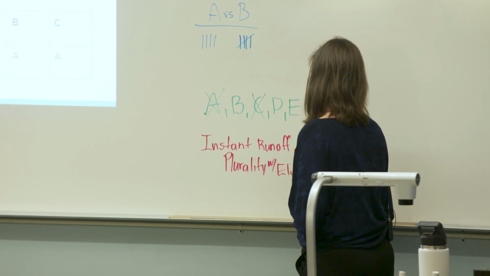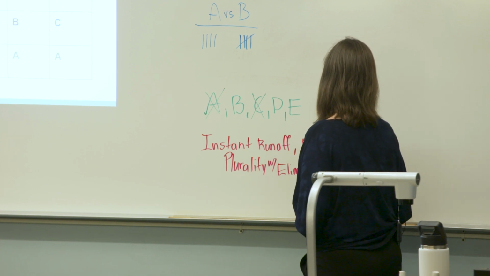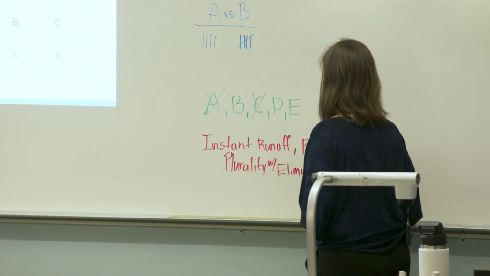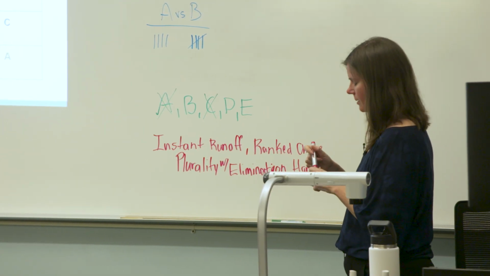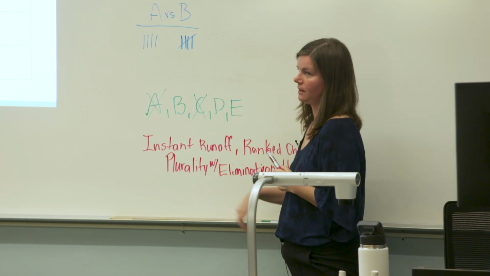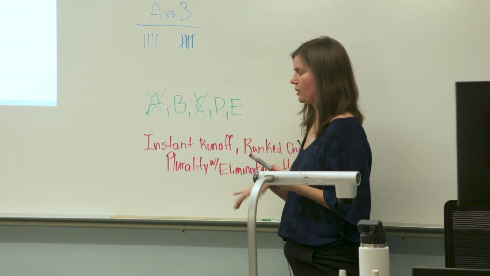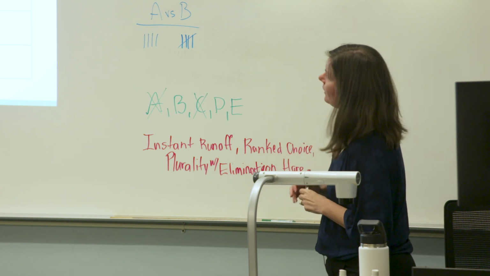And it's sometimes called the Hare system. H-A-R-E, probably named after someone. Those are all the same thing. If you are in a math textbook, you're more likely to see instant runoff or plurality with elimination. If you are in the political sphere, you're more likely to see ranked choice voting. But they're all the same.